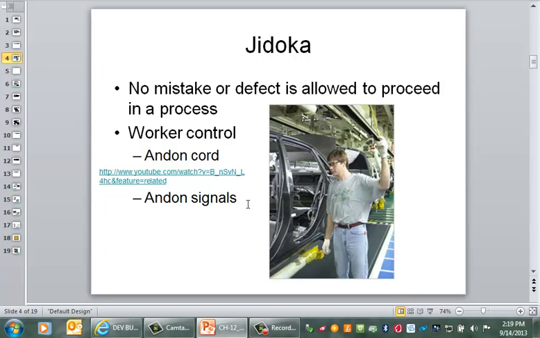So here, with Jidoka, no mistake or defect is allowed. So it's 0 defects. And in order to make sure that there are 0 defects, there are a couple of visual things that could be done. The first one is an Andon cord, and the second is Andon Signals. So the cord, you can see he's pulling a cord.